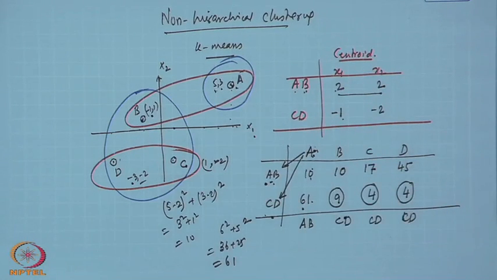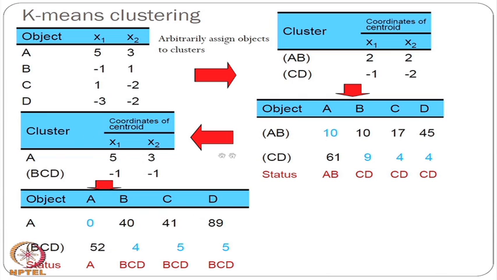You repeat this, then find out. Okay, let us see what happened here. So, with the new clusters A and B, C, D, you find the centroid here, and then again you compare the distance between A and the two clusters formed, B and the two clusters formed.